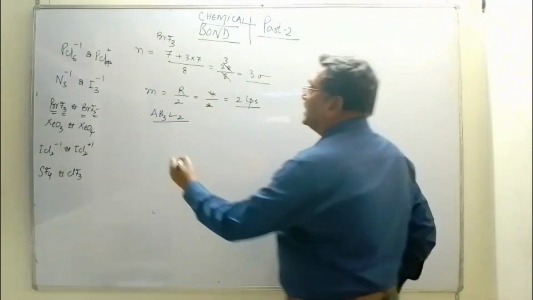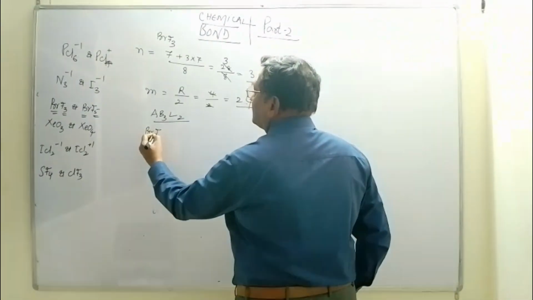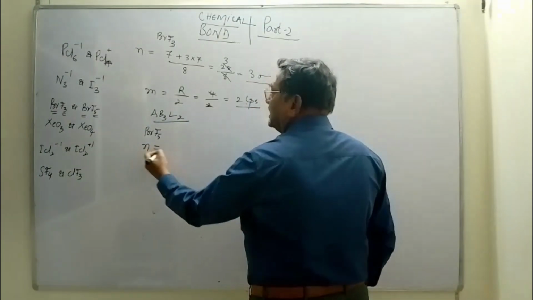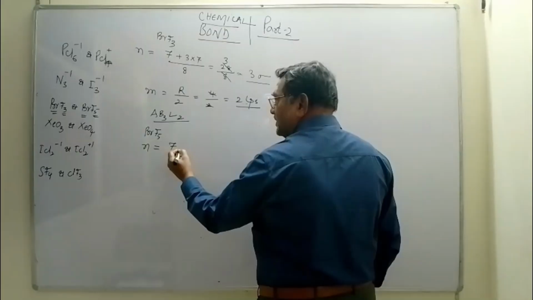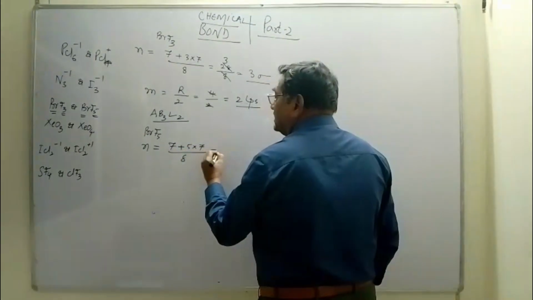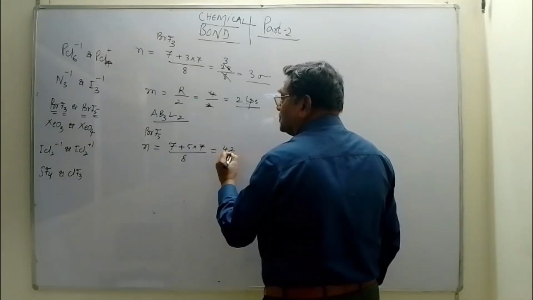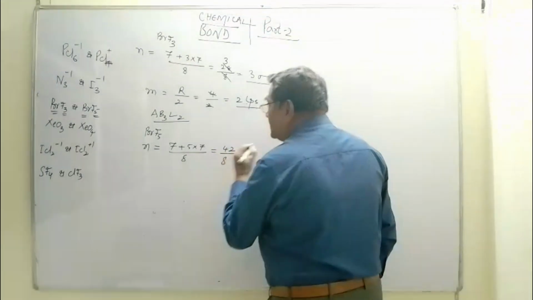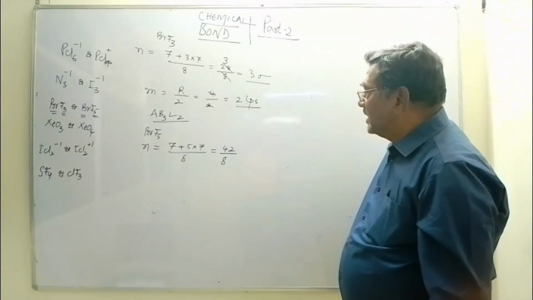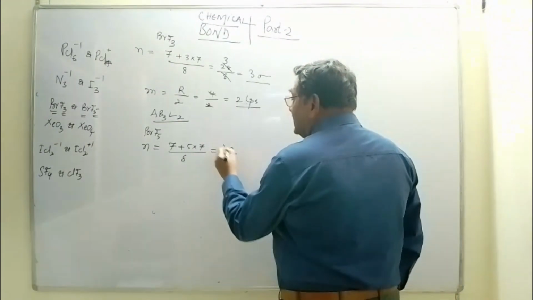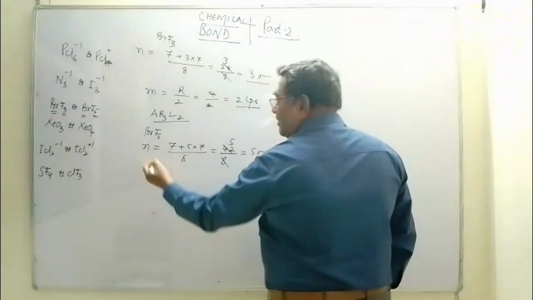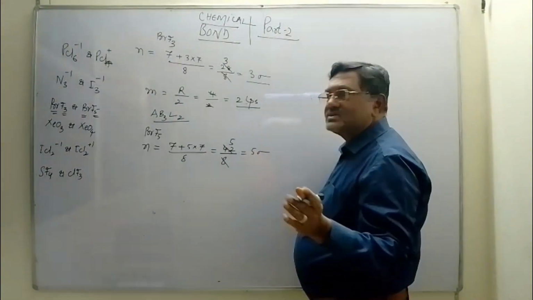Next, we will come to BrF5. How do you solve this? Number of sigma bonds: bromine is 1, fluorine is 5 into 7, 35, 42 by 8. It's going to be 5 sigma bonds, or you can say bond pairs also, children.